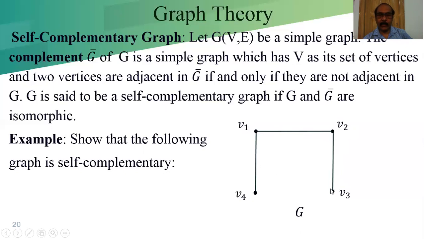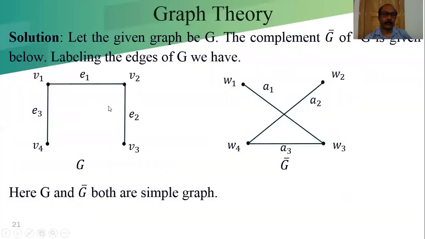It will look like that. I am showing it in the next slide. See, these two will be adjacent because they are not adjacent in G, so they are adjacent in G bar.